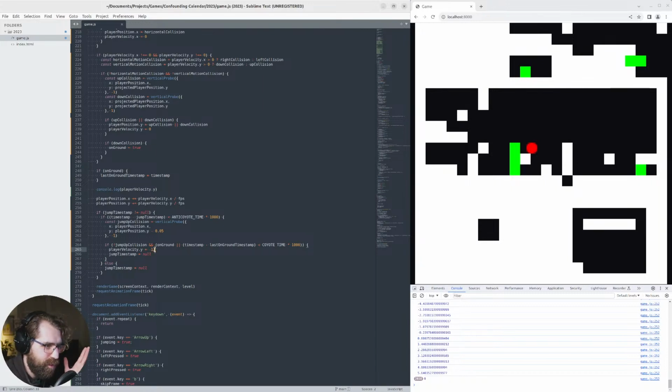Wait, but that would be 12 cells. No, 12 cells per second? That's clearly not how fast I'm going. But the player position is in cells. Yes. So this means 12 cells per second. I guess it might be, with the gravity applied as well.